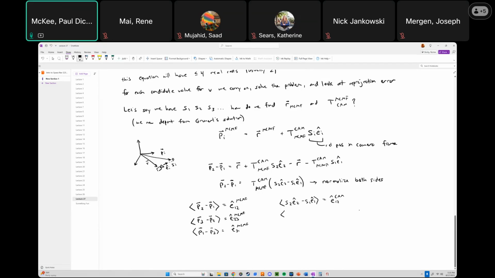And over here, we've got S3 E3 minus S2 E2 normalized is E23 cam. And then we have S1 E1 minus S3 E3 normalized, and that is E31 cam.